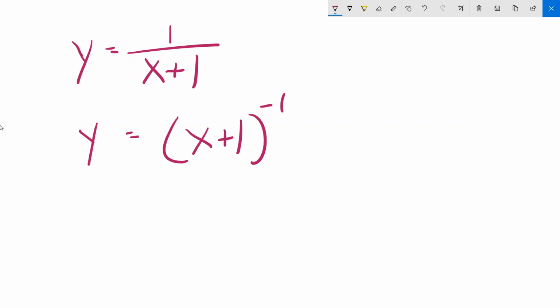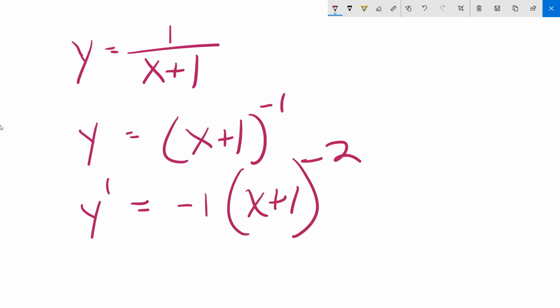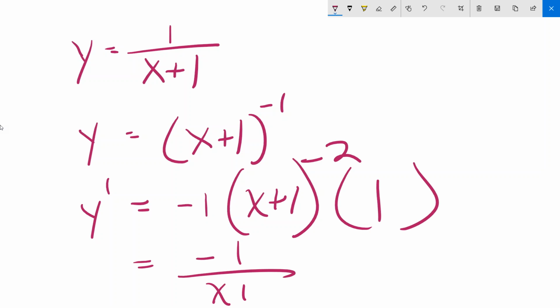Now apply the power rule to that along with the chain rule. All right, so that is -1 times x plus 1 to the -2 times 1. Correct. That is -1 over x plus 1 squared.